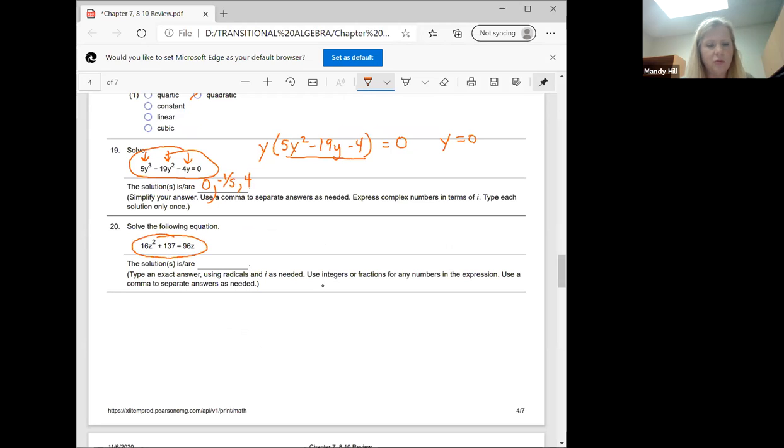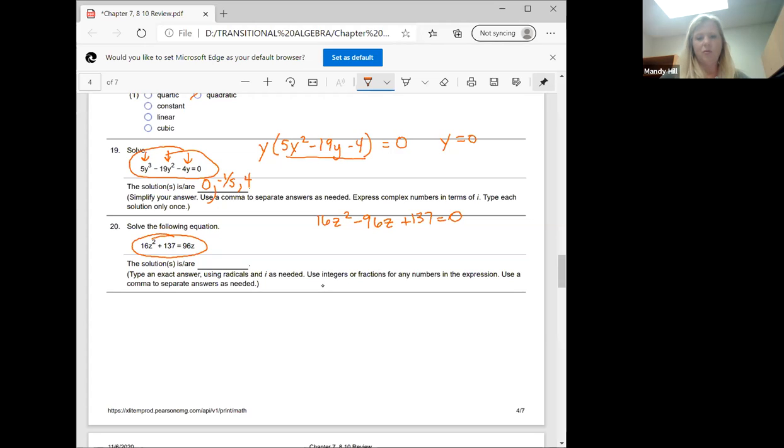The next one wants us to solve this one. So we would want to get this equal to 0. So we've got 16z squared. I'm going to move that 96z over by subtracting it. Okay. Now, what you want to try to do is think if any of these things have anything in common.